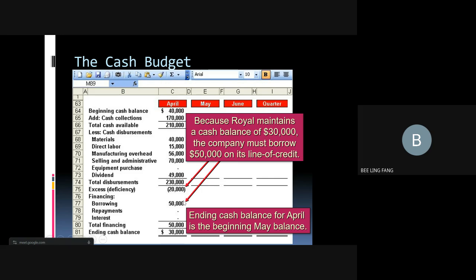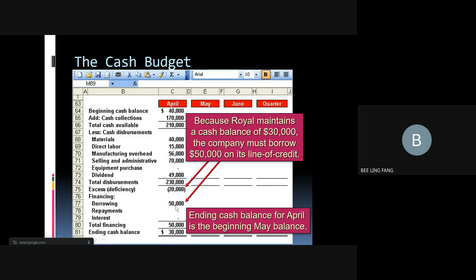So borrow 50,000, so probably it's like 50,000 minus 20,000, you get 30,000. So let's say the balance must be 50,000. That means you have to borrow 70,000. 70,000 minus 20,000, you get a 50,000 balance.